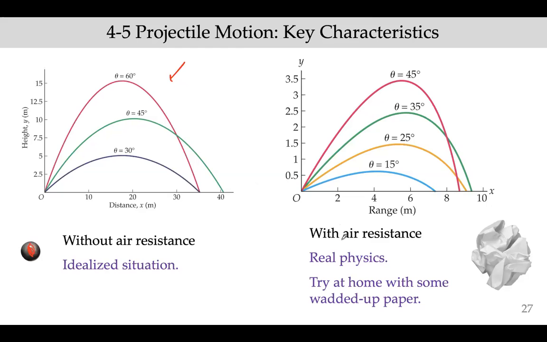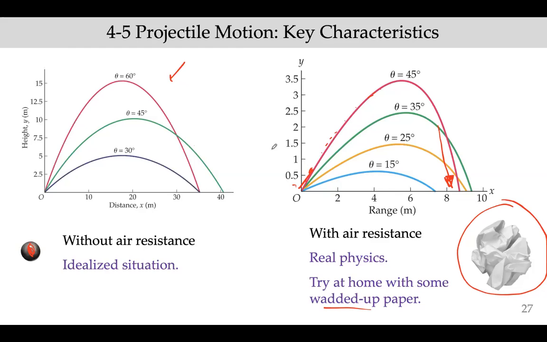But if you use some wadded up paper like this, you can actually make this experiment easily. Do this right after this lecture. So have some wadded up paper, but don't squeeze it too much. Make it loose, and throw it with some angle, and you will see that it will follow something like a parabola, but then it will fall down in a more steep path.